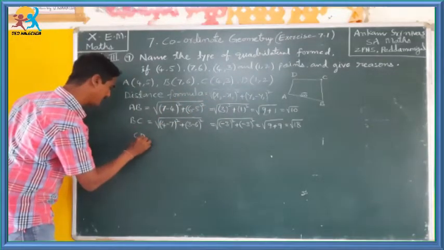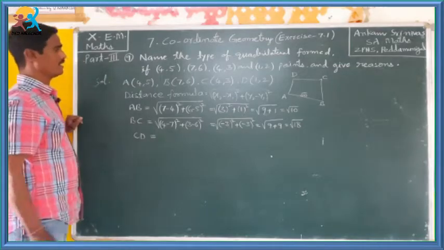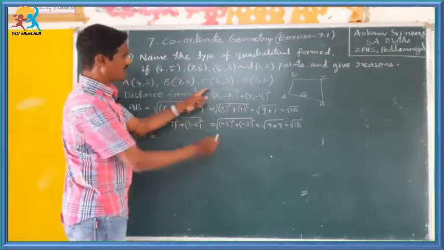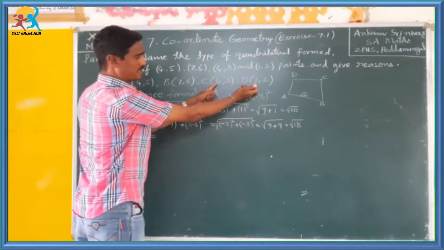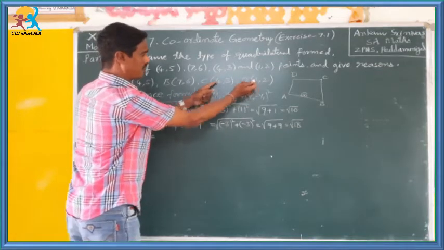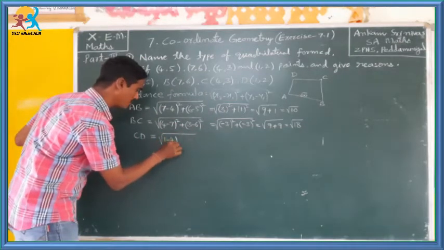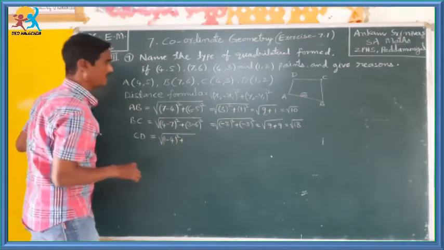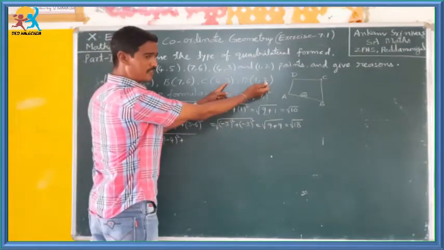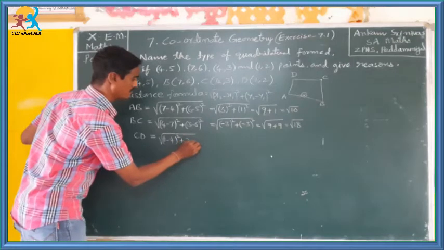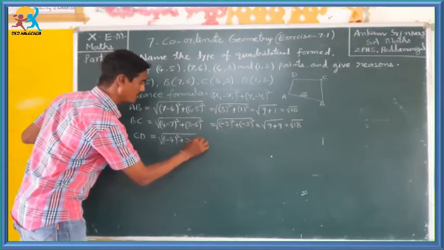Then CD. Length of CD. What is the difference of x coordinates? Here 1, here 4. Square root of 1 minus 4 whole square plus the difference of y coordinates, 2 minus 3 whole square.